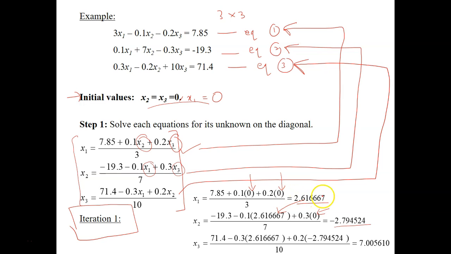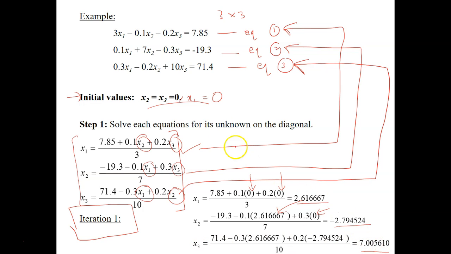Now you have all the new values for x1 and x2. You can substitute all these new values into the third equation here, which has x1 and x2. Do not again use the initial values. So you substitute this into the third equation to calculate your x3 and you will get this answer.